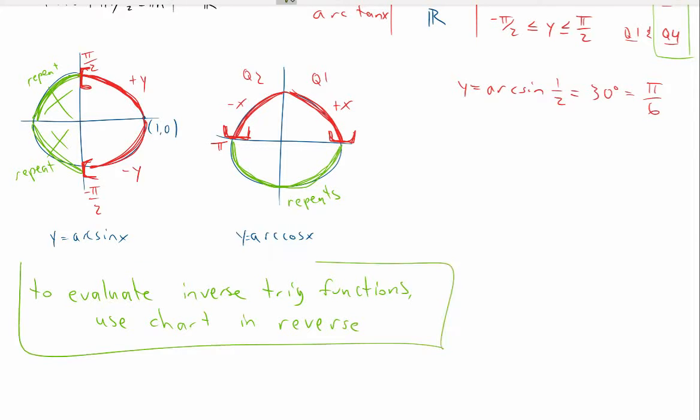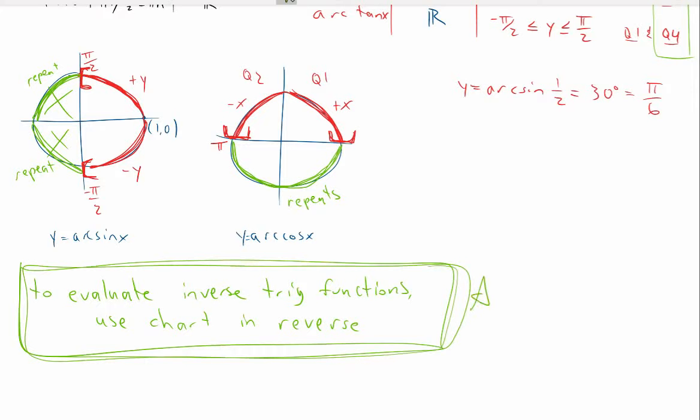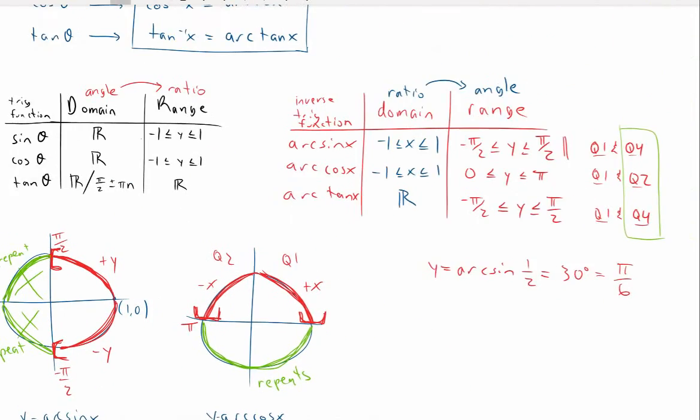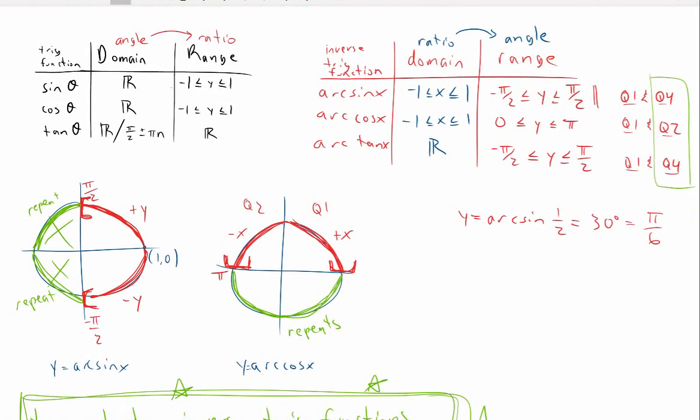If nothing else that we've said has made any sense, this is the important takeaway: if we're going to evaluate inverse trig functions, we're just going to use our chart of values that we know and apply it in reverse. The only thing that we'll need to watch out for is when we have negative values going into our inverse trig functions.